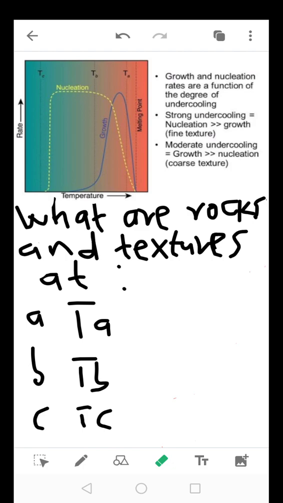I've also explained that the cooling rate and the textures reveal so much about the initial processes that could have formed the igneous rock. So before we talk much about this diagram, we should first understand what nucleation is.